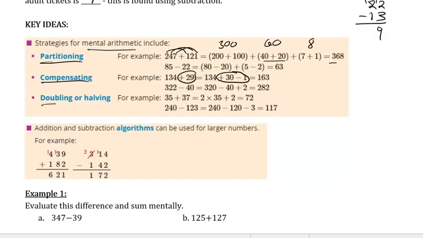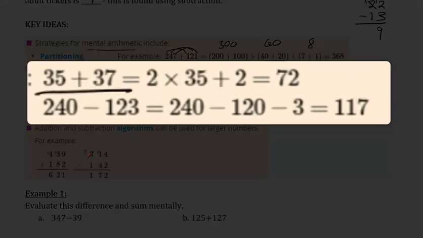You can also look at doubling and halving. So within these two numbers, there's the same number. So 35 is in both of them. So I have two 35s, and this 37 just has a couple extra ones that we need to work out. I know 35 times 2, and I can add 2 to that. For this one, I've actually got 120 in there, but it's in here 2 times. So this one is double to that one already.